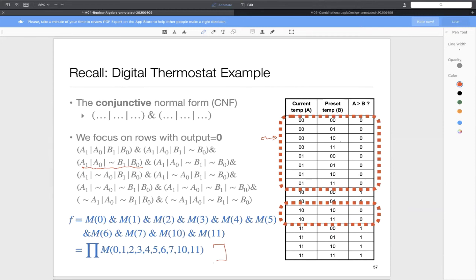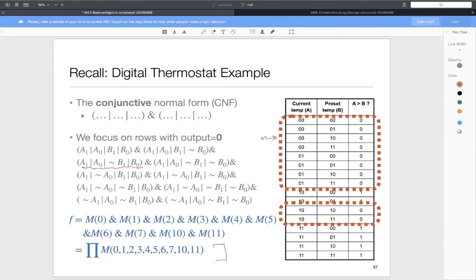So max term number I becomes 0 when the input corresponds to row number I. You can check: I'm doing A1, which is 0, ORed with A0, which is 0, ORed with not B1. B1 is 1, so not B1 is 0. So I have 0 ORed with 0 ORed with 0 ORed with 0. So the whole max term is 0. And I'm ANDing together a bunch of max terms.